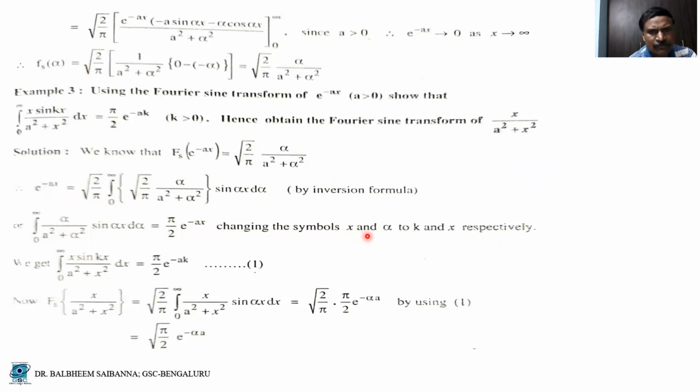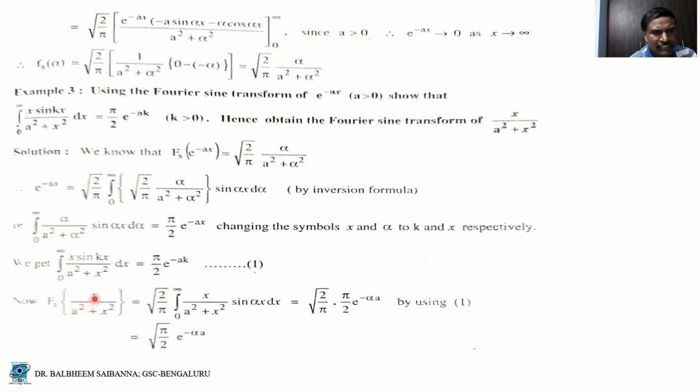By changing the symbols x and alpha to k and x respectively, wherever x is there you write k, and where alpha is there you write x, we get integral 0 to infinity x sin kx divided by a square plus x square dx equals pi by 2 e to the power of minus ak. Call this equation number 1.